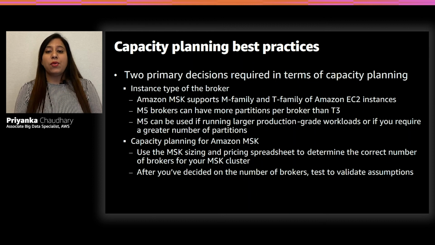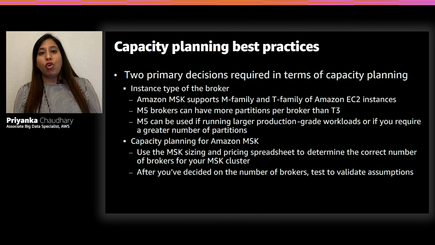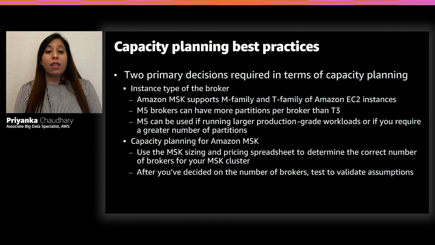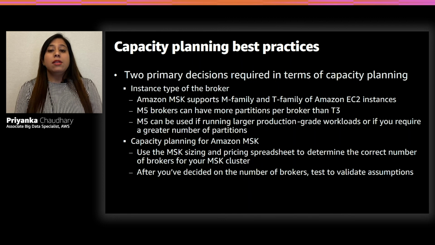Amazon MSK supports M family and T family of Amazon EC2 instances. An M5 broker can provide you more partitions than T3. M5 can be used if you're running very large production grade workloads, or if you require a greater number of partitions.